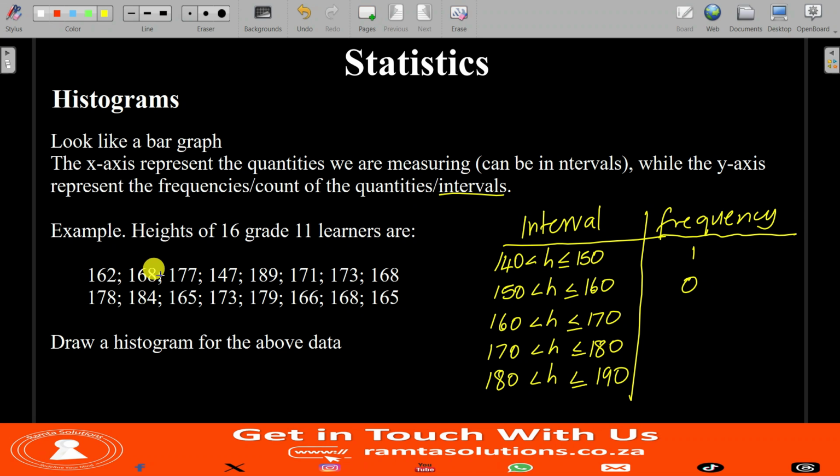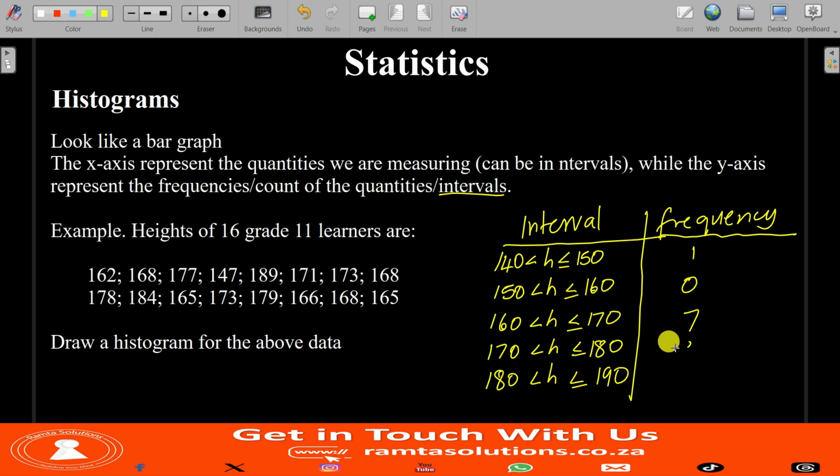1, 2, 3, 4, 5, 6, 7. Is it 7? Yes, it's 7. Now those that are greater than 170 but less or equal to 180. 1, 2, 3, 4, 5, 6.